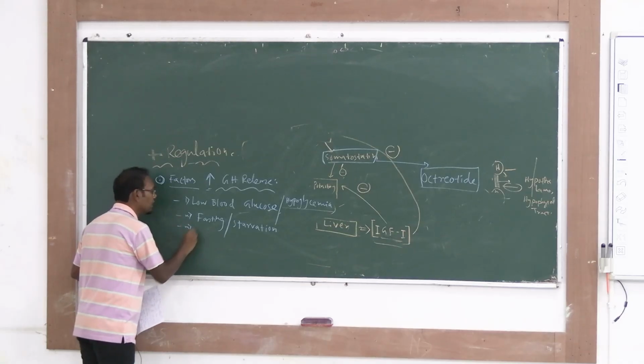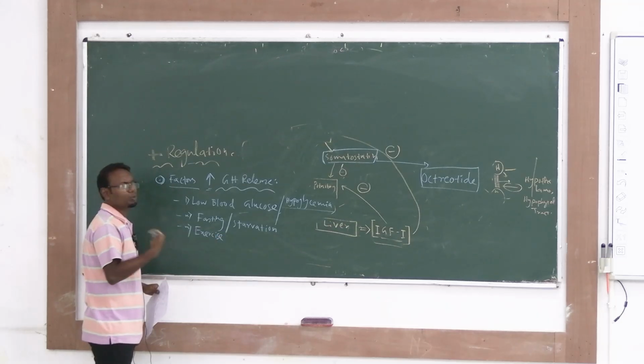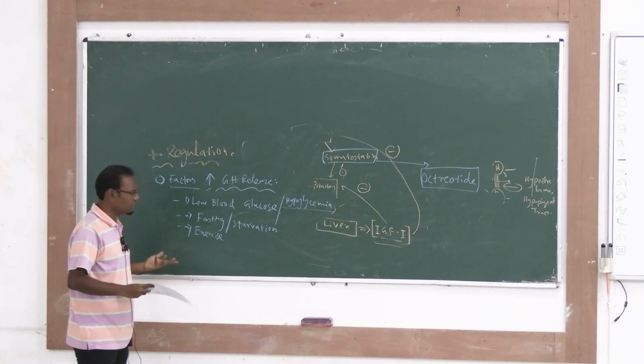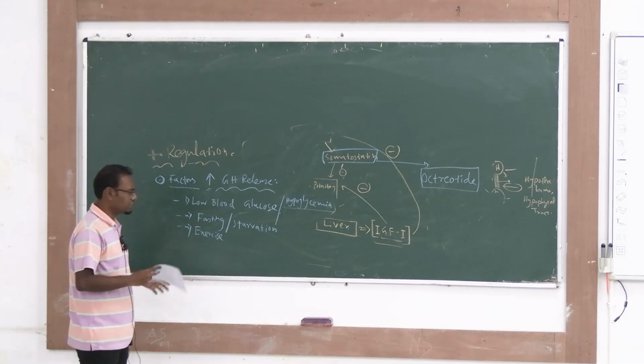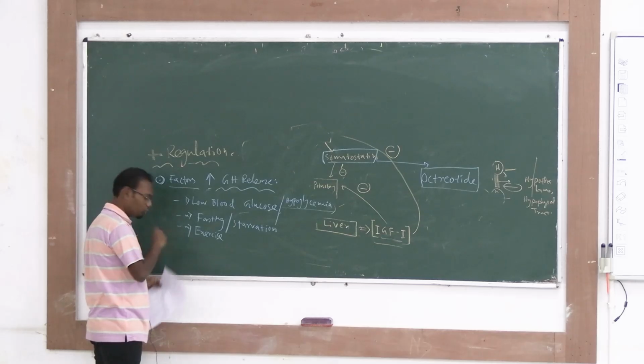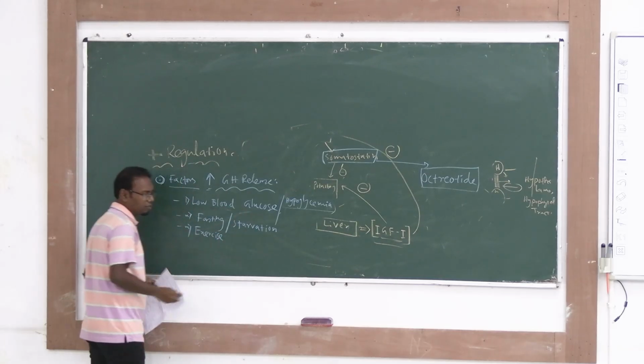Third, exercise. When you are exercising, your body has increased demand of insulin or increased demand of sugar. Increased sugar use in your cells happens during exercise or vigorous activities. So this will also increase your growth hormone release. So these are all related to your blood glucose levels, okay?